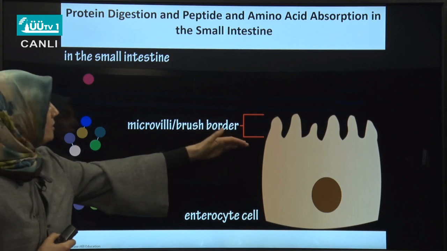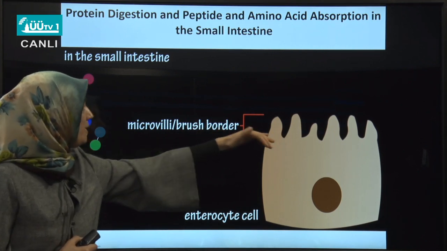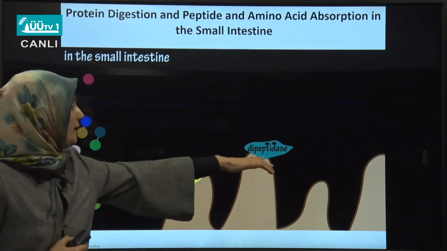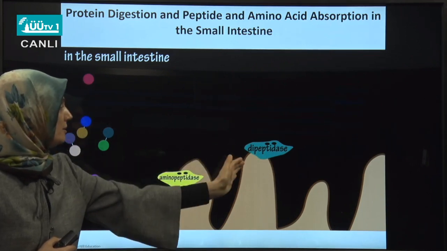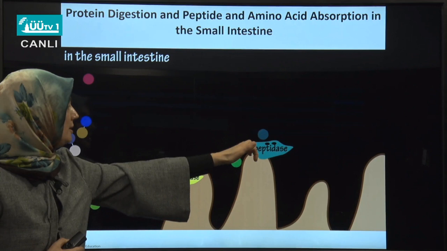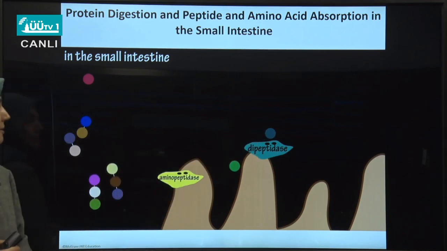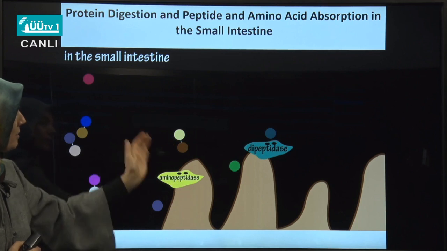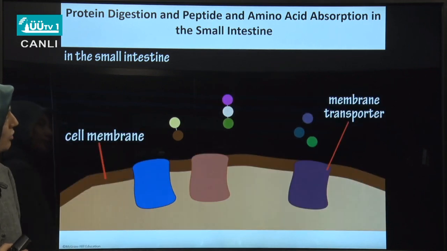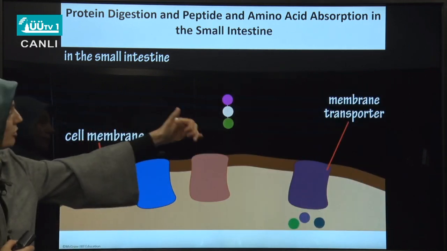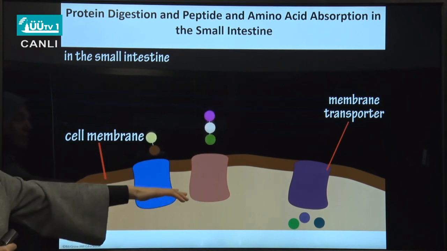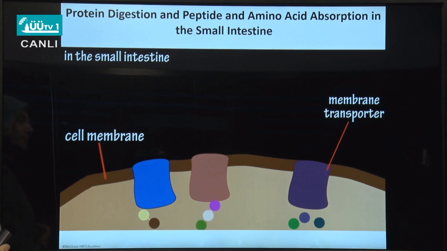So the further digestion is carried out by the microvilli brush border enzymes. The dipeptidases break down the peptide bond between the dipeptides, and aminopeptidases break down the bond at the amino terminus, and then they are transported through their specific transporters into the intestinal epithelial cells.